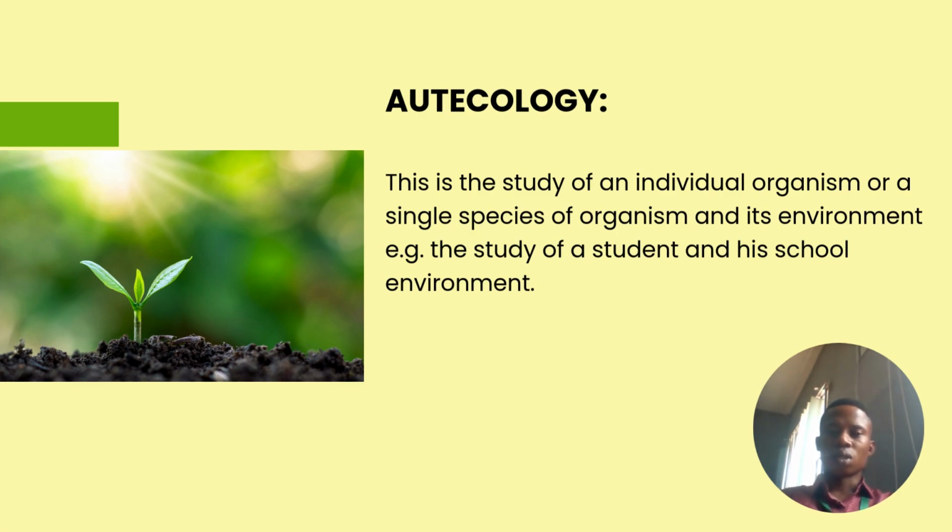We are talking about a particular environment in which that organism exists. Looking at the student and the school environment, we discover that they are of the same environment. A student studying in a school environment is an example of autecology.